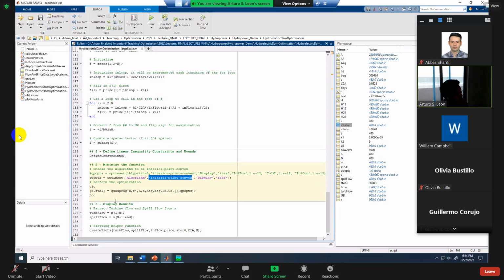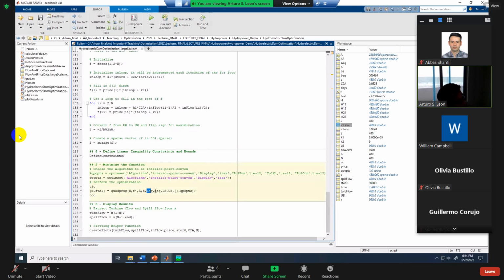This is the H. So if you see here, H, the Hessian. F prime is here. So I have an F, and this is the derivative. A is the matrix, right? B is, remember, Ax is smaller or equal than b. So A and B are the inequality constraints.